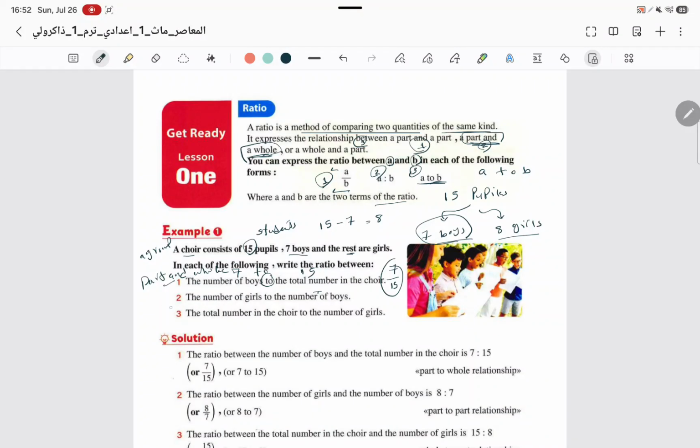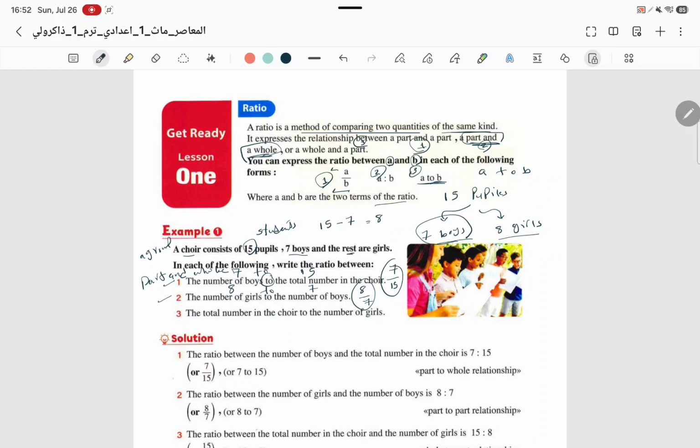The second question: the number of the girls, which is 8, to the number of the boys, which is 7. So we can write it like 8 over 7, right? This is the famous first form where we can express the ratio.